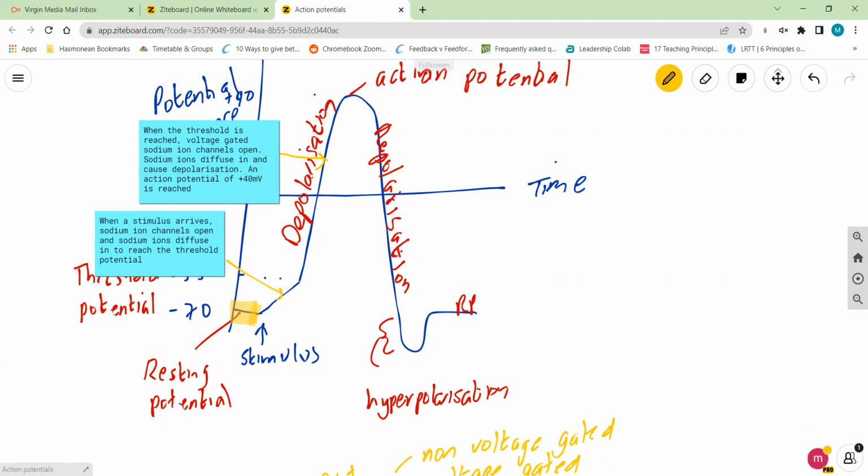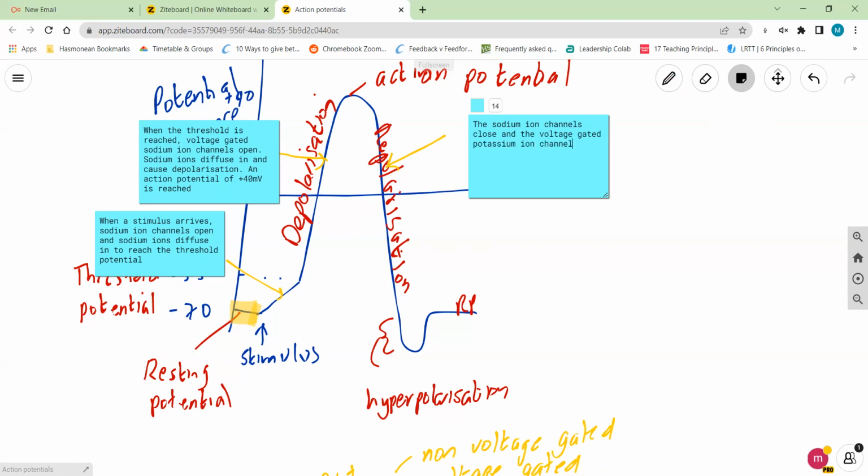So what's going to happen next is that when we reach the action potential, this time the sodium ion channels will close, and the voltage gated potassium ion channels open.